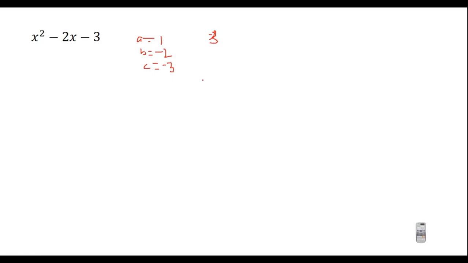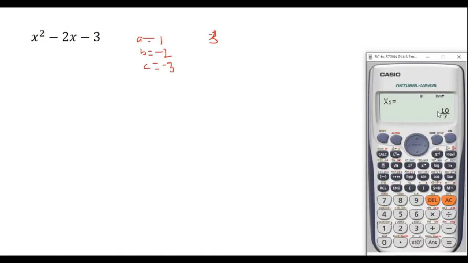So you go on to your calculator. Then you press on mode, pick equation, then you pick the third option. It's asking you for A. We know that A is 1, so you press 1 and you press equal to. B is -2, so you press -2, press equal to, and C is -3, so -3, and you press equal to, then you press the final equal to.